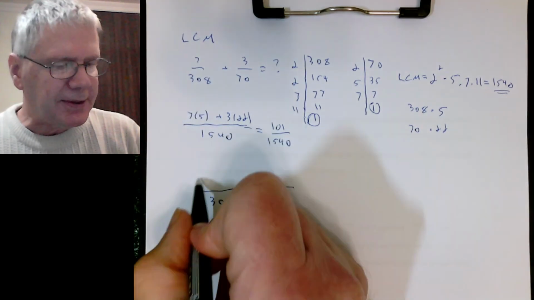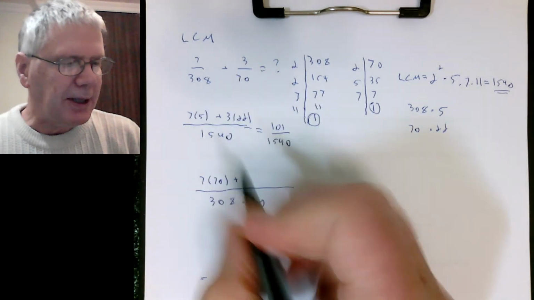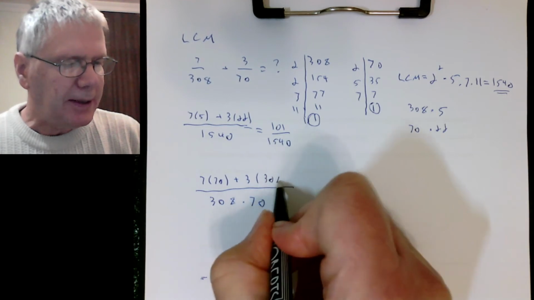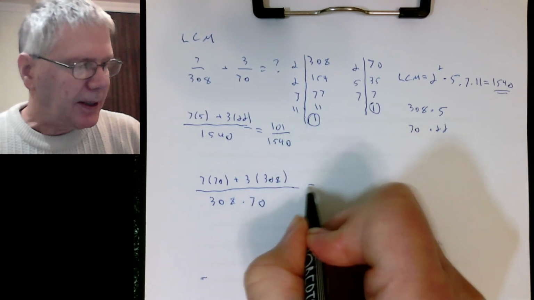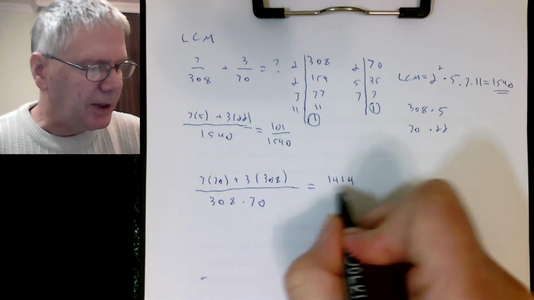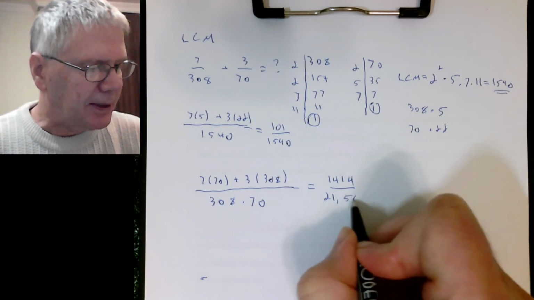So now we have 7 times 70, and we have 3 times 308. And if I did it this way, I would end up with 1414 over 21,560.